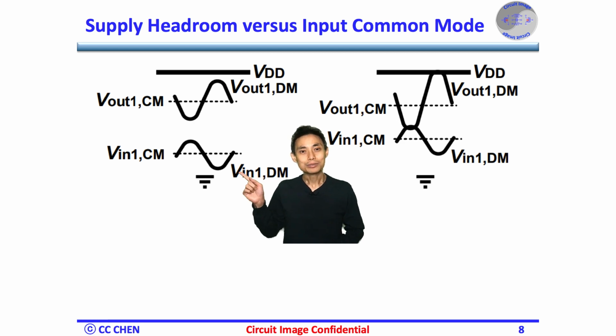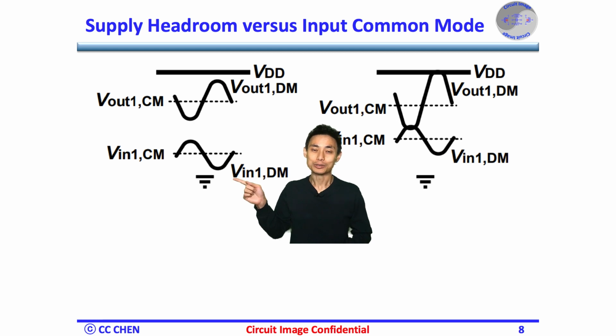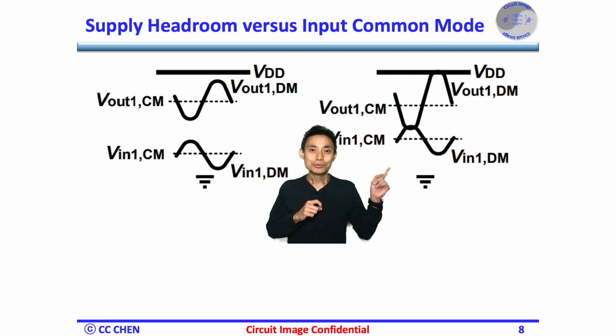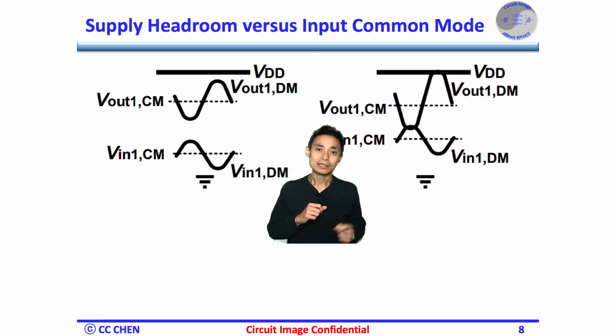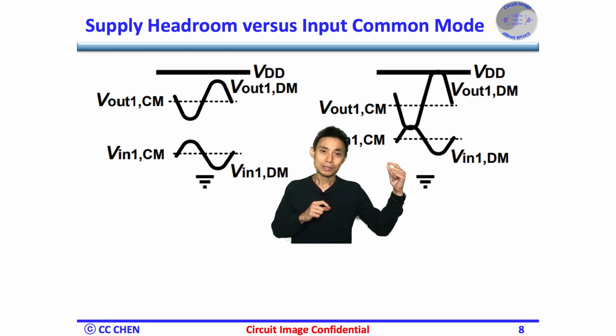Then the output swing is exactly twice the input swing in a valid amplifier operation. If the right-hand side input levels are too high, then the output DC level plus the output AC swing could be beyond the supply level, and the maximum output swing may be pinched or clipped.